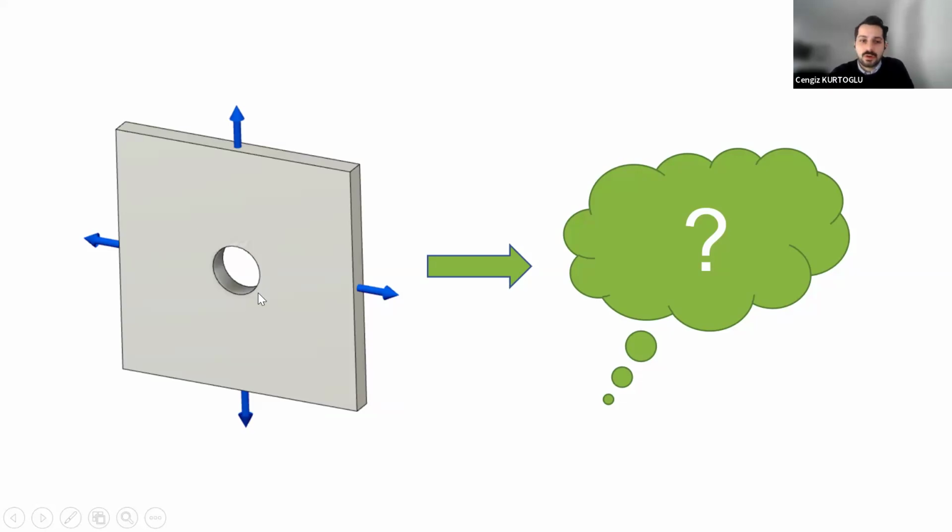It doesn't move on the center of the part, but on the right, left, forward and backward, all faces, there are loads on the four sides of this rectangular part. What will be the results? What will be the maximum displacement on this part? Let's check it out together.